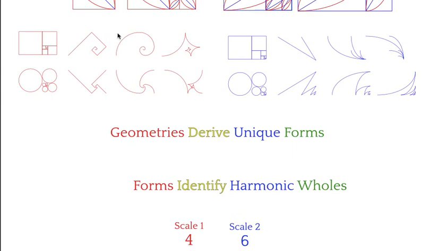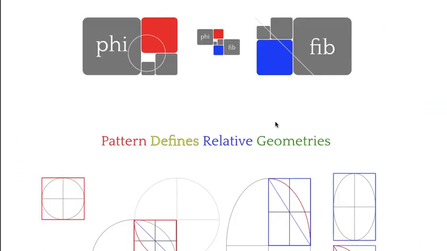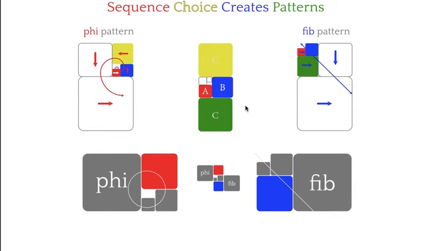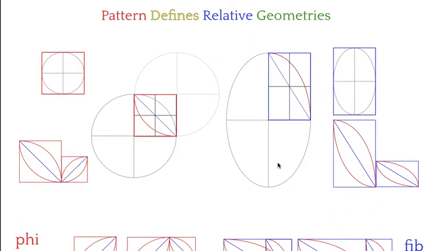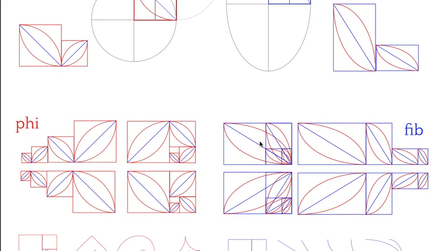So with all of these shapes, we can do that same thing. And that is really all there is to it. So quickly, you've got 2 different ways to do it. Above or below, it's going to create one of these 2 patterns. And we're going to interpret those patterns through the geometry of a square and the geometry of a rectangle.